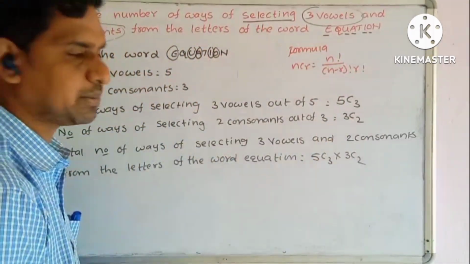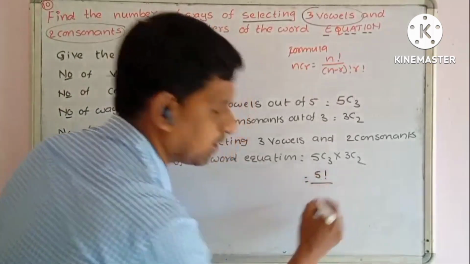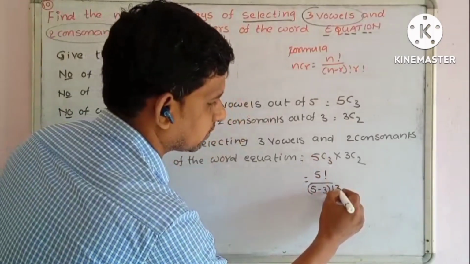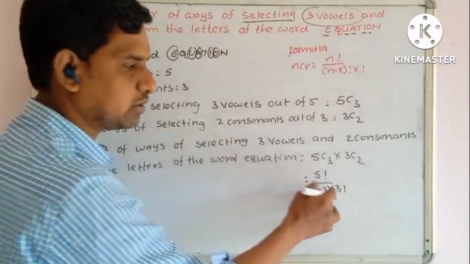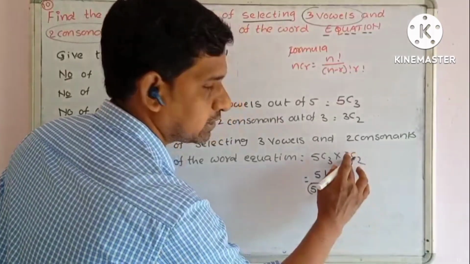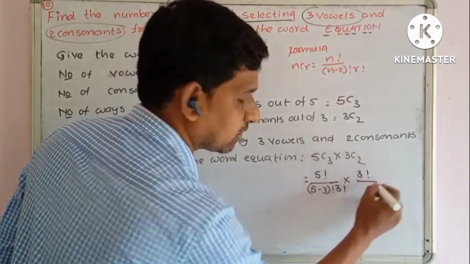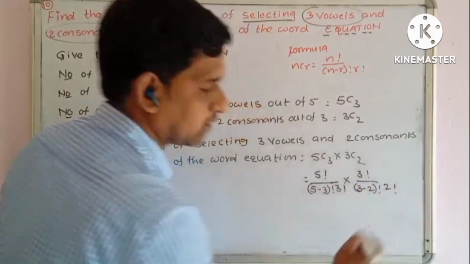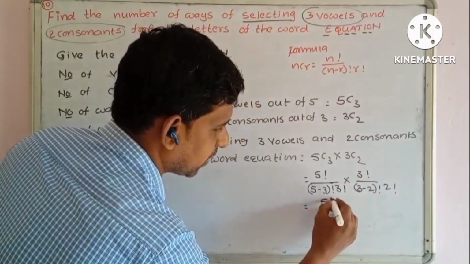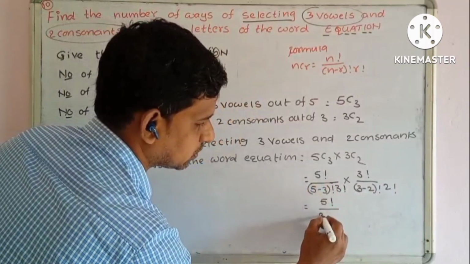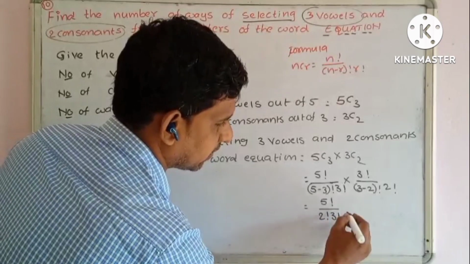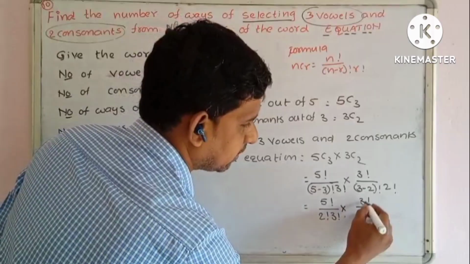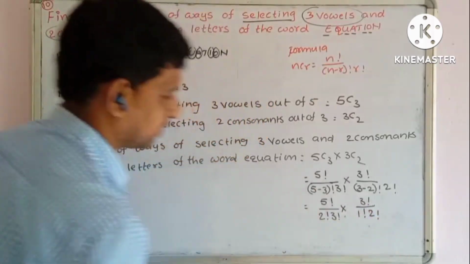So 5C3 means 5 factorial by (5 minus 3) factorial into 3 factorial, multiplied with 3C2, which is 3 factorial by (3 minus 2) factorial into 2 factorial. That equals 5 factorial by 2 factorial into 3 factorial, multiplied with 3 factorial by 1 factorial into 2 factorial.